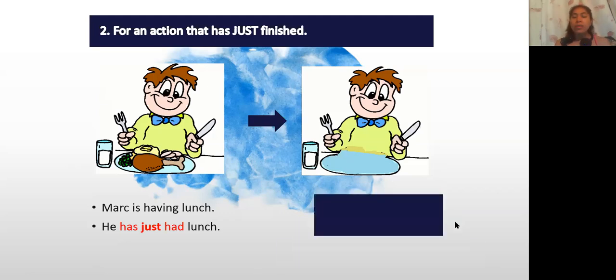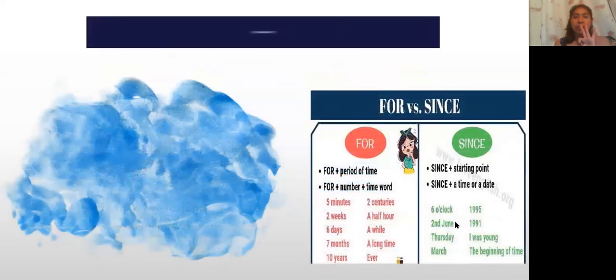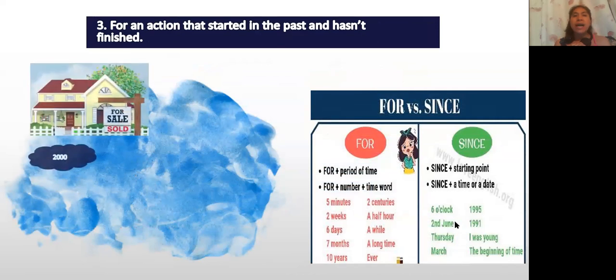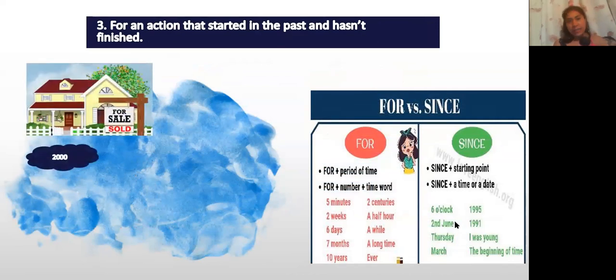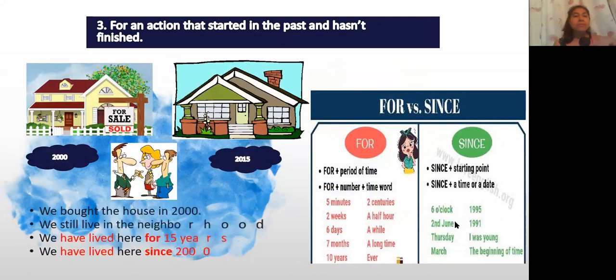Okay, what about the use of three? Well, we use present perfect to express actions that started in the past and haven't finished yet. Remember my example? We said that they have lived in this house for 15 years, or they have lived here since 2000.